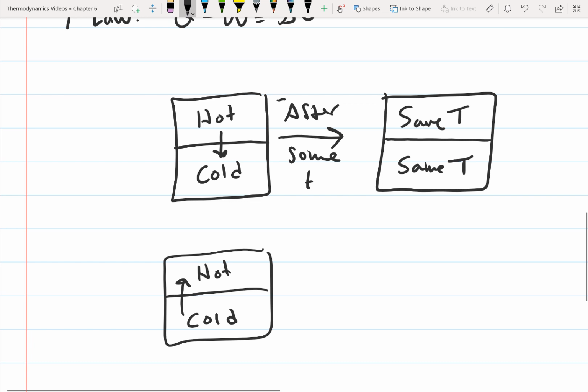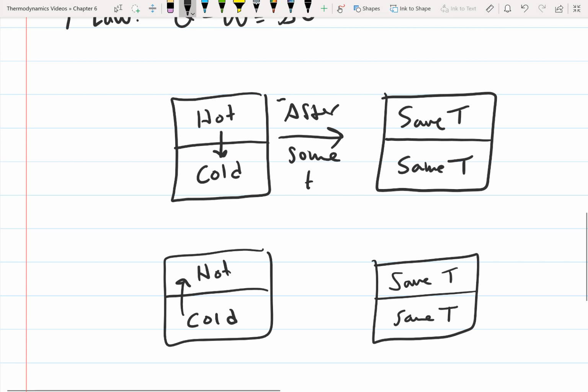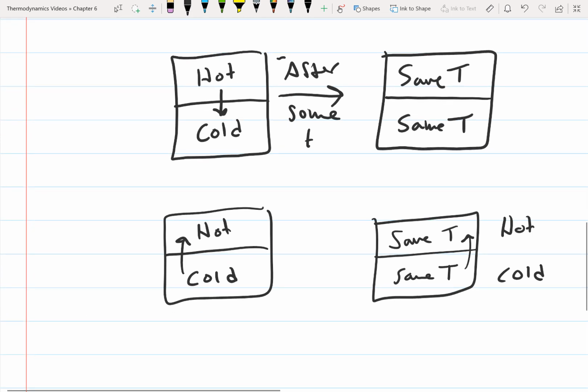We know that heat isn't going to transfer from the cold side to the hot side. And if we have this container where they're the same temperature, we're not going to have heat transferring from one side to the other until one side becomes hot and one side becomes cold. That process isn't going to naturally occur.